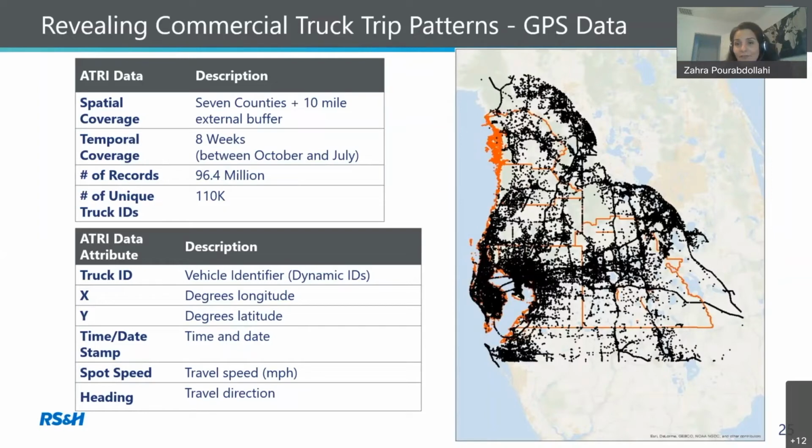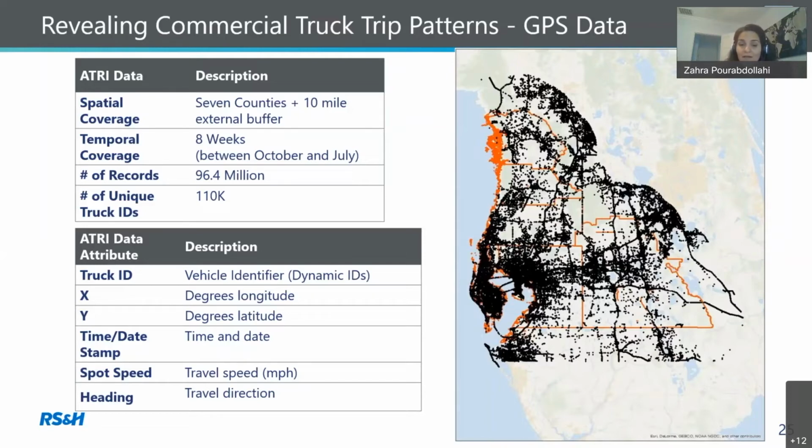Every GPS record, or what they call a GPS ping, has only 6 attributes. A truck ID that is unique, each truck has its own unique ID. A longitude and latitude for every ping, and a timestamp for every ping, a time and date.